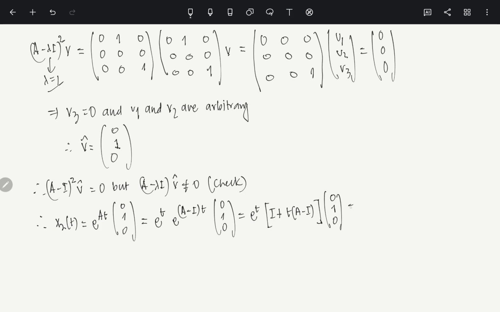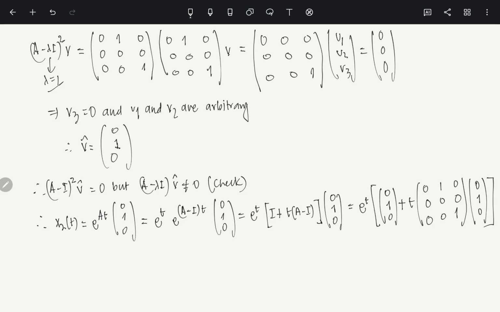If you now calculate it, it is e to the power t times 0, 1, 0 plus t times the matrix 0, 1, 0; 0, 0, 0; 0, 0, 1 times 0, 1, 0. Clear? So if you write it properly, it becomes e to the power t.